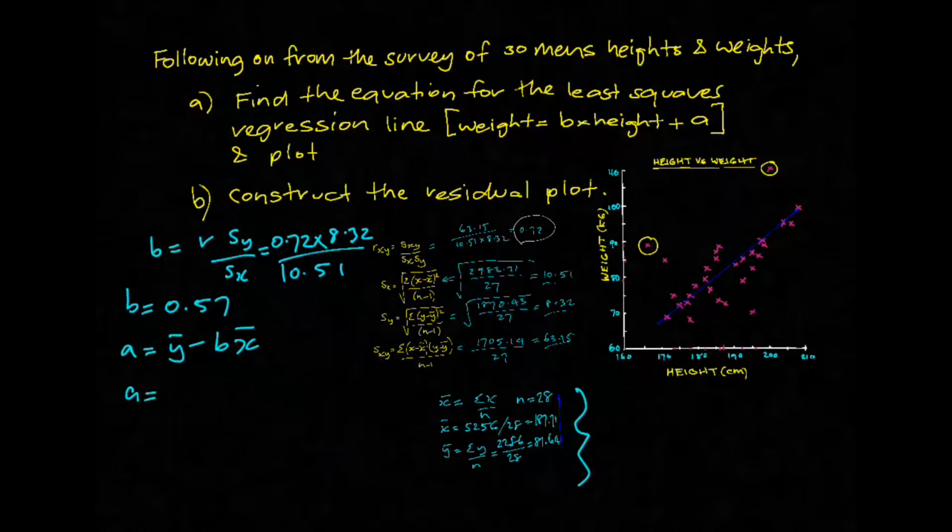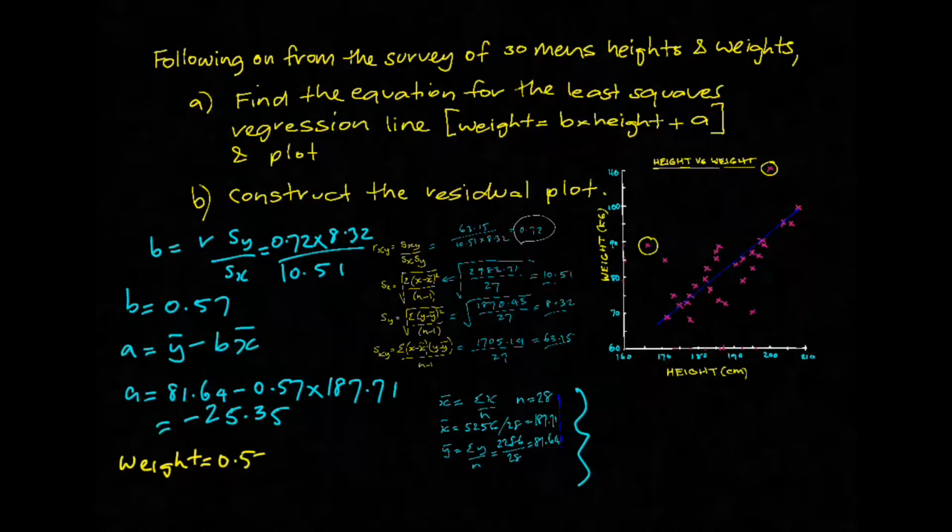So a is equal to 81.64 minus 0.57 times 187.71, and that equals negative 25.35. So the equation for the regression line is weight is equal to 0.57, that's the gradient, times height, minus 25.35.